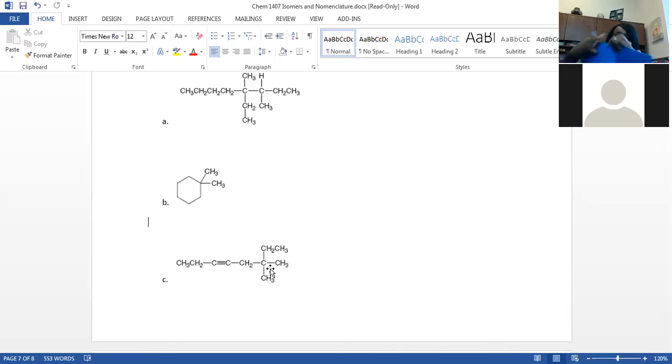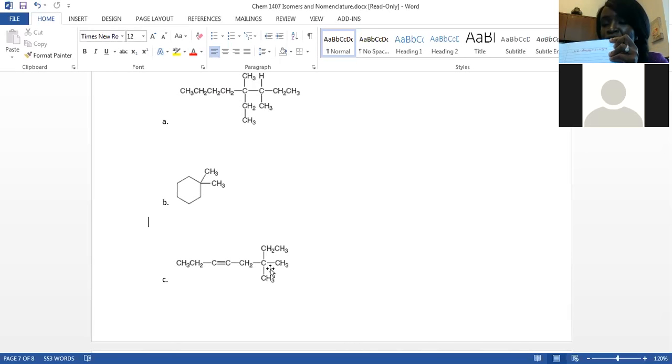Okay, let me show you the structure of the name I have right here. So you can see it is 6, comma 6 dash dimethyl dash 3 octyne. So what is this communicating? This is communicating that your longest chain is an octyne. It has 8 carbons, and Y and E means there's a triple bond on the 3rd carbon.